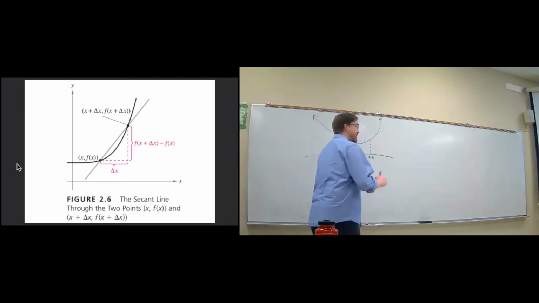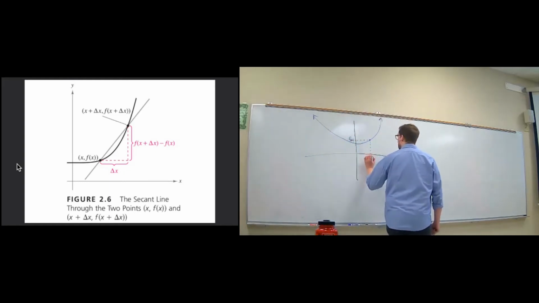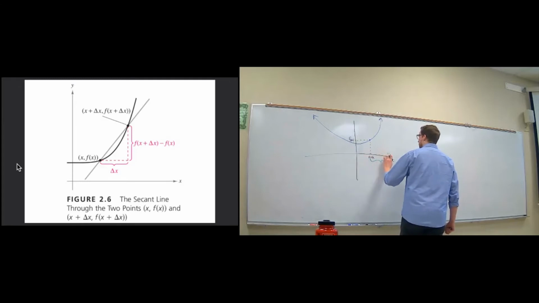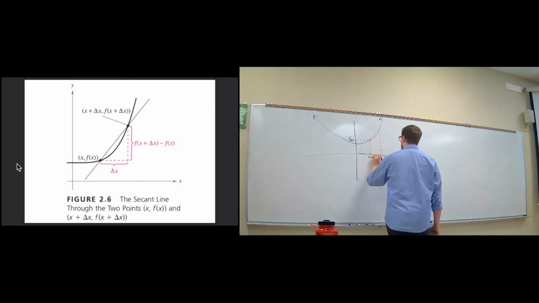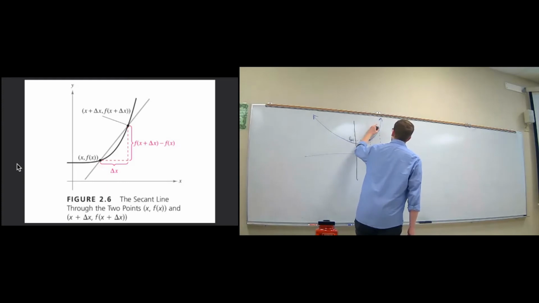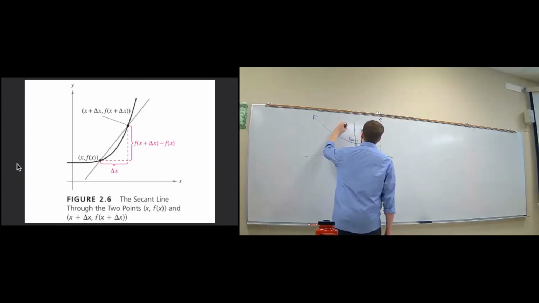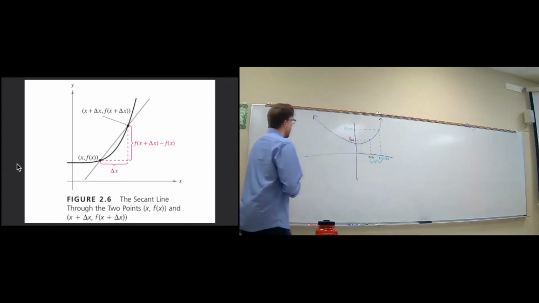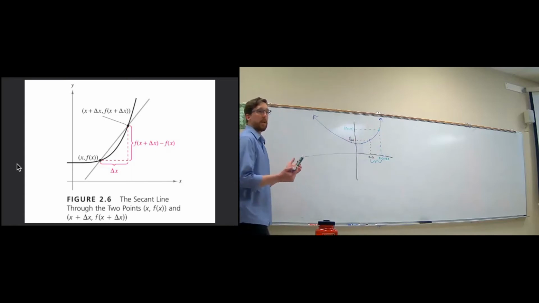Now we're going to go some delta x away. Draw this so that the point is actually on the graph. Over here, our functional value is going to be f of a plus delta x. And we can connect these 2 points with a secant line.